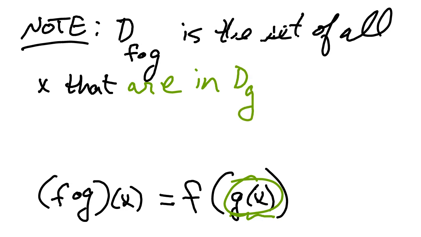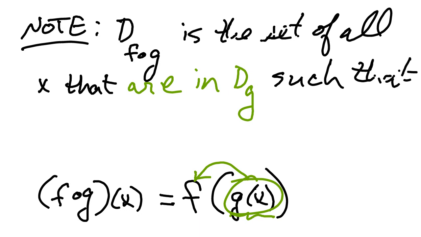And then after we put them into g, we get outputs, which is the range of g. Where do I put the range of g? I put it into f, right? So we also have to say that g of x is allowed to be an input into f. So g of x is an element of the domain of f.